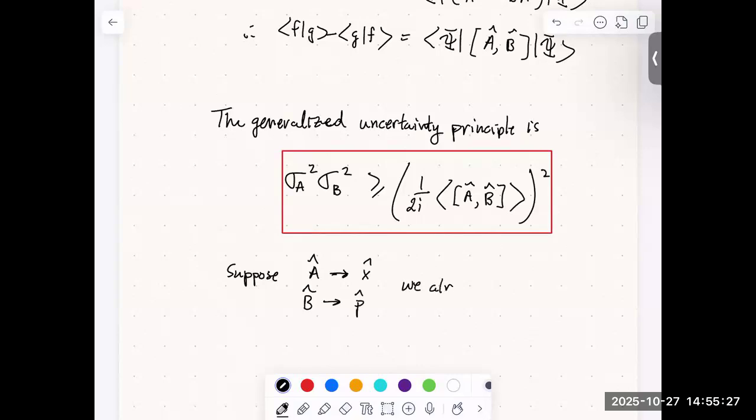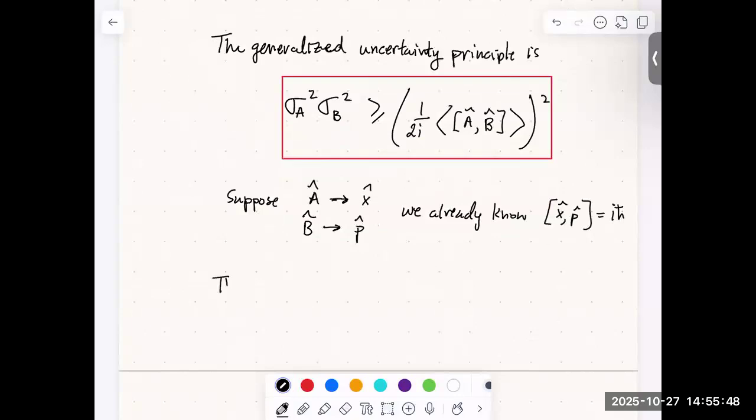We already know that the commutator between X hat and P hat is i h bar. Okay, so then the expectation value of the commutator is just equal to i h bar times the inner product of some normalized state with itself, which is just 1. So that's just i h bar.